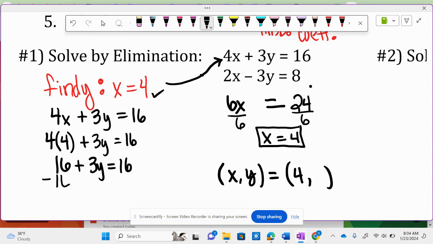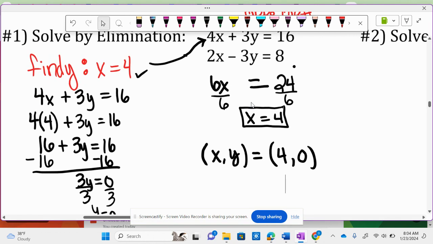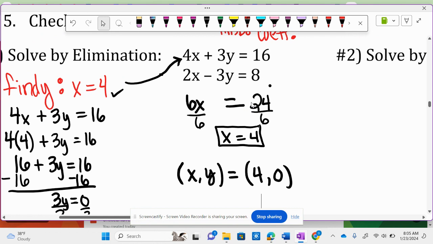When I subtract 16 from both sides, 3y equals 0. Divide both sides by what? Which means y equals 0. So that is the solution. (4, 0) is the solution to this system.